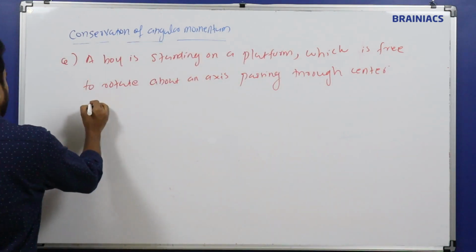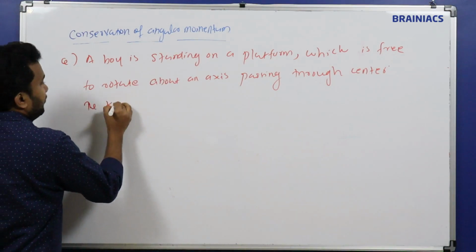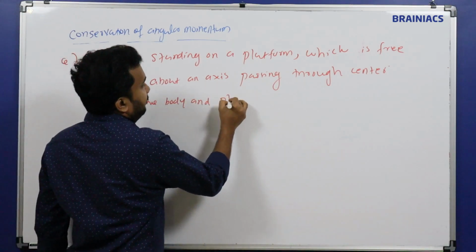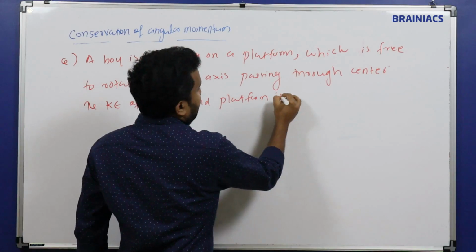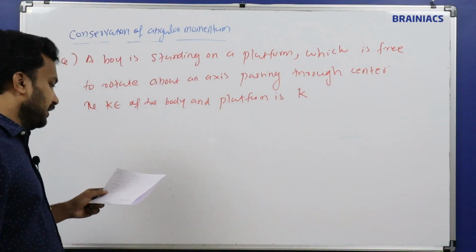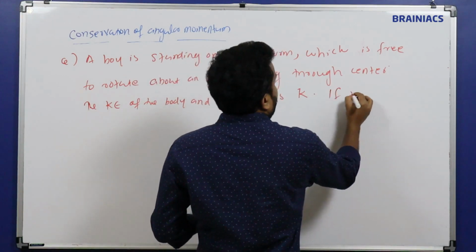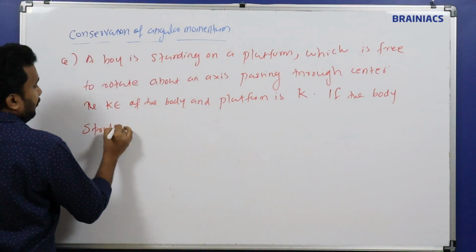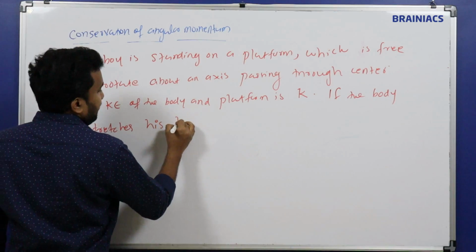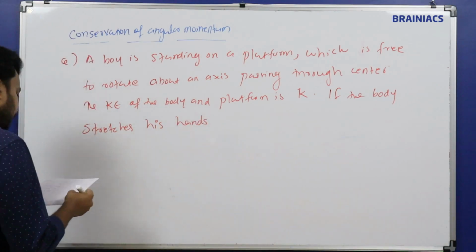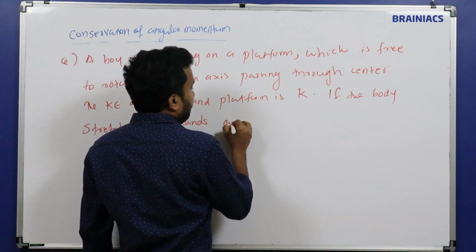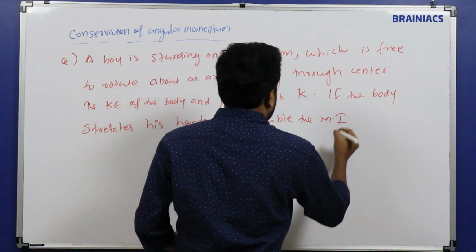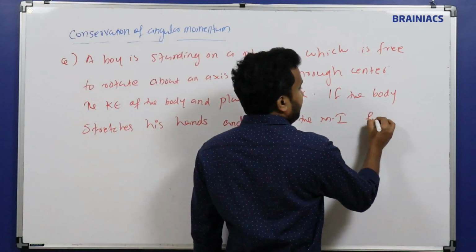The kinetic energy of the body and platform is K. If the boy stretches his hands and doubles the moment of inertia, find the new kinetic energy.